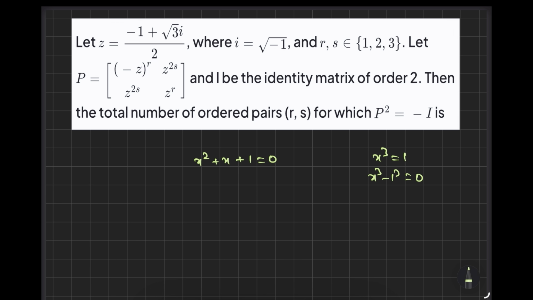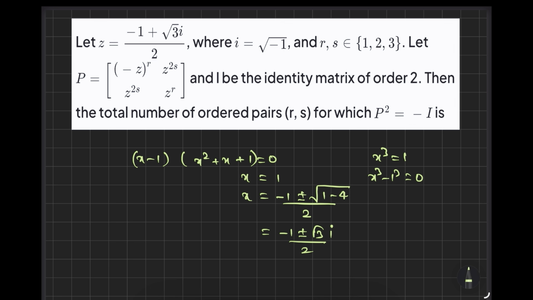Okay, and you guys can write down this thing as this. Now the first root will be derived from here, which is 1, and the second root we will have from here, minus b plus minus root under b square minus 4ac by 2a. So it is minus 1 plus minus root 3 iota by 2.